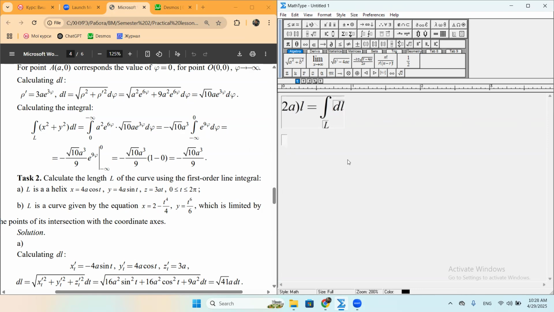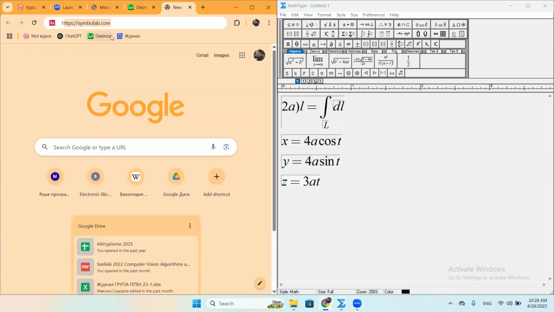So we have an interesting case. It is the helix given with the following equations: x equals a cosine of t, y equals a sine of t, and z equals a multiple of t. This curve is three-dimensional, but we will plot it just to understand how it looks.